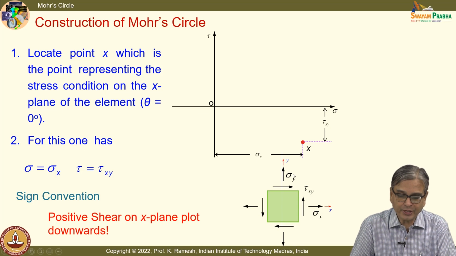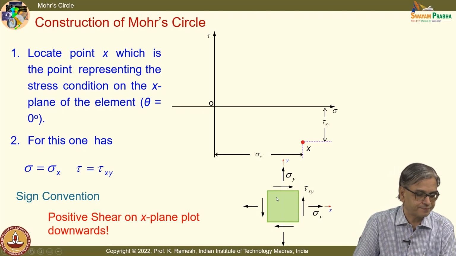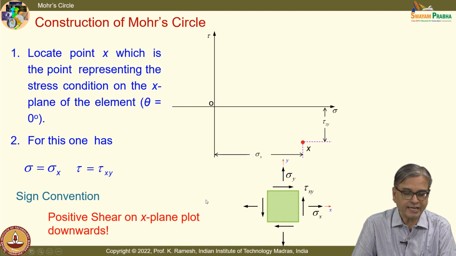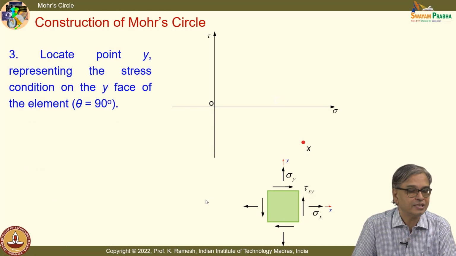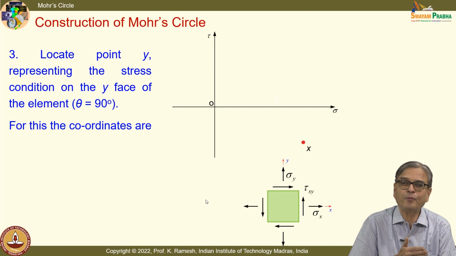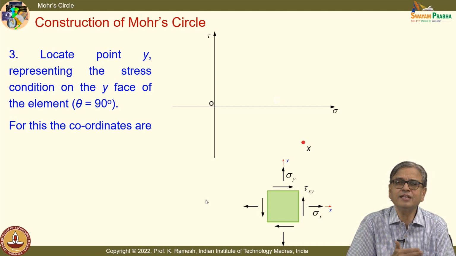From the pictorial representation, I have the information of what is sigma x and tau xy. I also have what is sigma y and tau xy. And what is the sign for sigma y and tau xy on the y plane? Both are positive. Okay. So the next job is I have to locate point y, and for point y, we use the normal sign convention to plot.